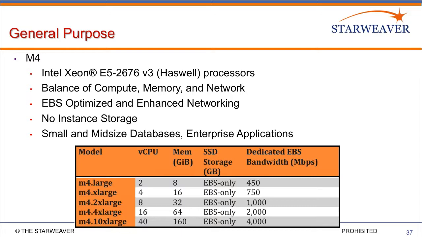With EBS optimized, when you're writing and reading to your EBS volume, remember it has to go over a network connection. Well, with EBS optimized, these instances don't use the regular network interface. They have their own separate network connection to read and write to the EBS. So that gives them better, consistent performance with EBS.